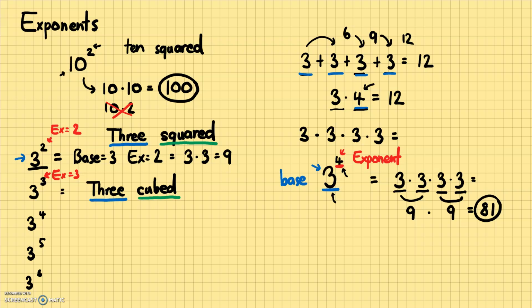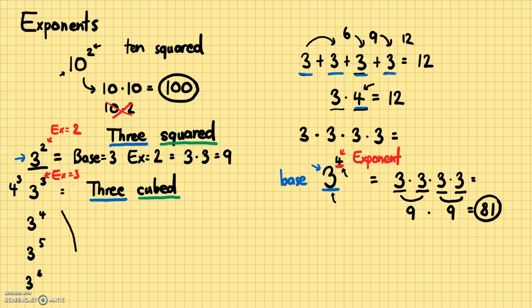So if this was 4 with the third power, that would be 4 cubed. Okay, so you would put the base where the blue part is here. And when the exponent is 3, you read it as cubed.